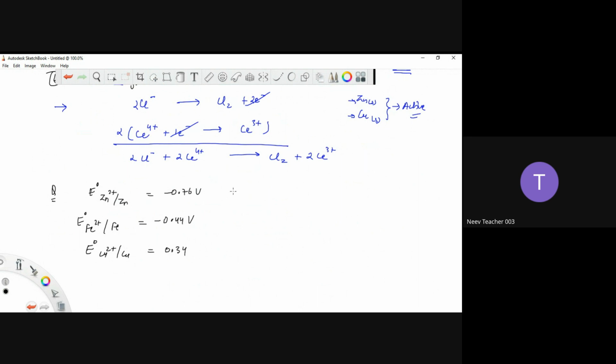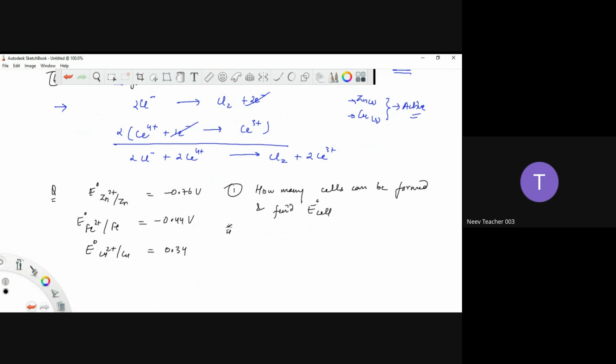Now the question is, the first part: how many cells can be formed? How many cells can you form out of this? And also find E naught of cell.